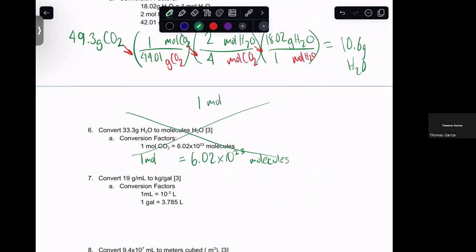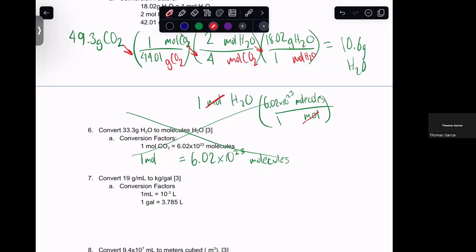1 mole H2O. We do our conversion. We go to molecules, mole, and 1 mole, 6.02 times 10 to the 23rd. And when we do this, we actually can cancel out the mole, not mole H2O, mole.